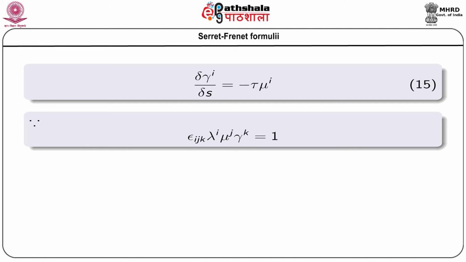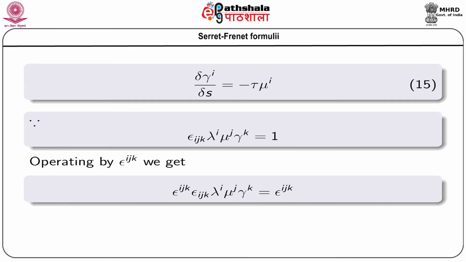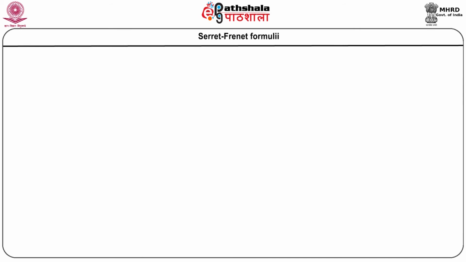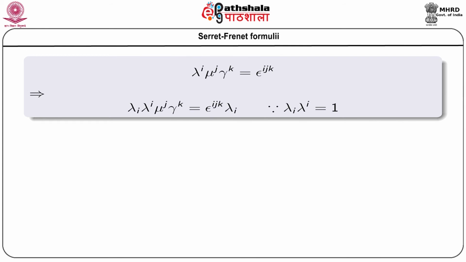Now, we have just shown how the expressions come from the equation ε_ijk λ_i μ_j γ_k equals 1. We operate by ε_ijk from both sides, and we get this expression, and if we contract, we get this equation. Now, taking the inner product with λ_i from both sides, we get this form.